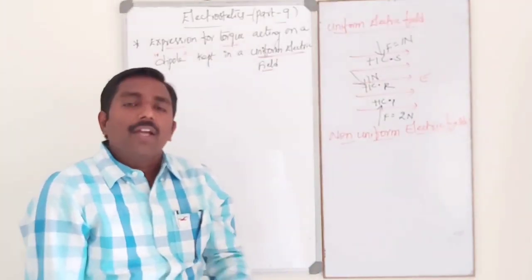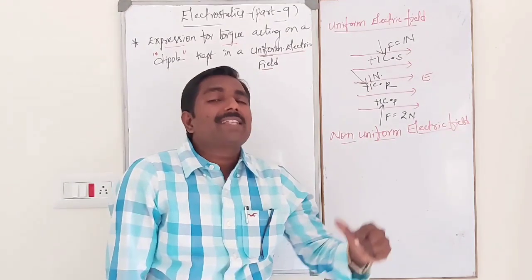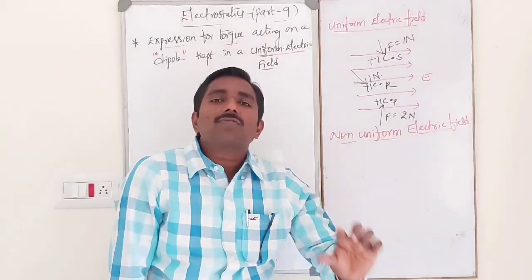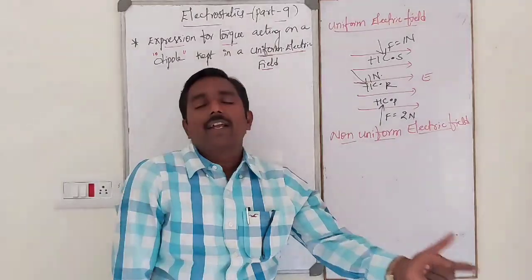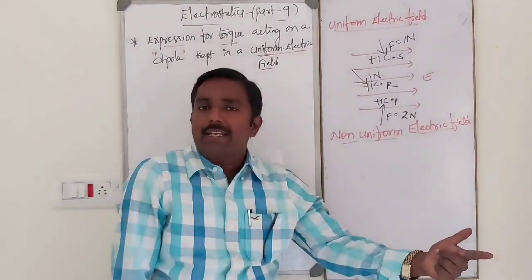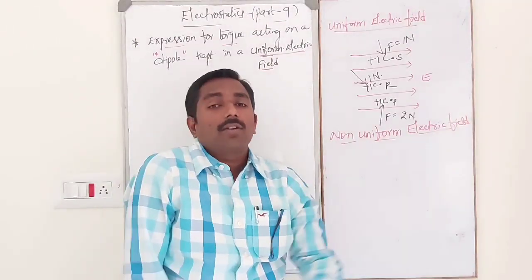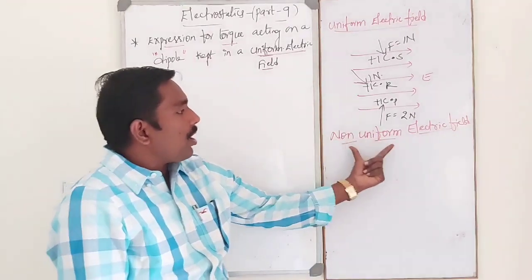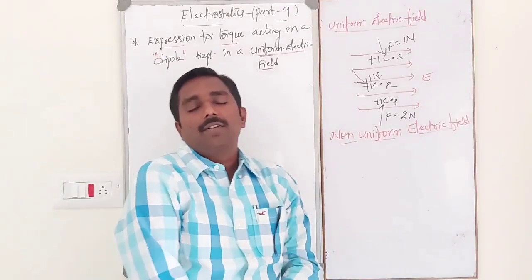That means a unit positive charge placed inside a non-uniform electric field, the force will be different. A different force will be acting, not the same. So that is nothing but a non-uniform electric field.